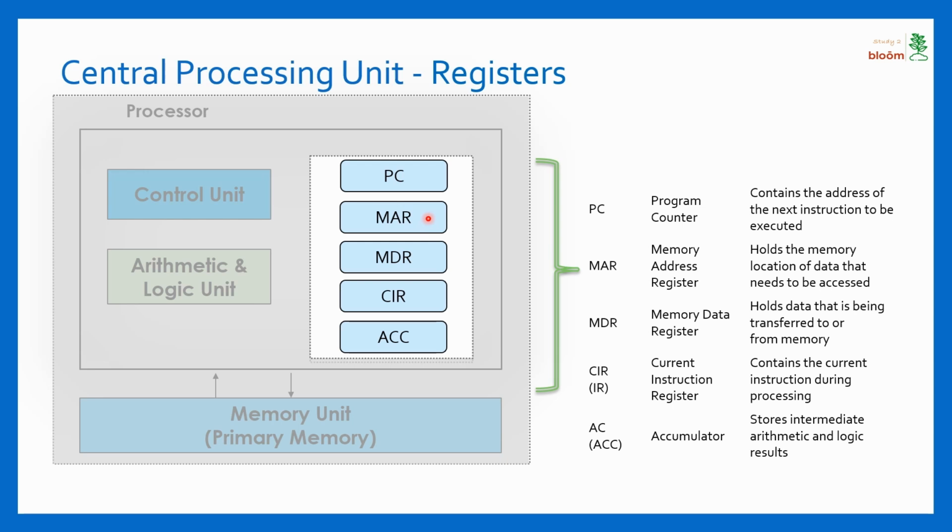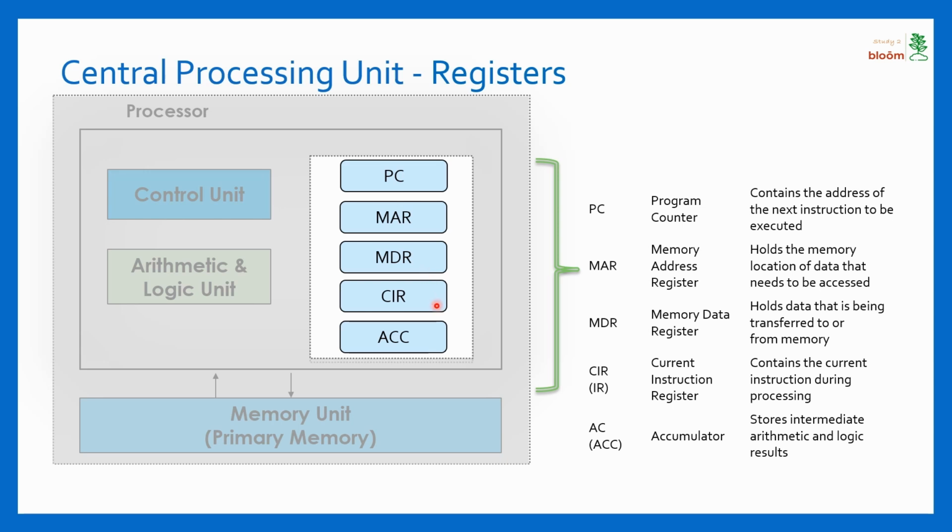As its name implies, it holds the address of the memory location that needs to be accessed. Then MDR or memory data register. Again, as its name implies, it contains the data that is being transferred to or from the memory. MAR contains the address and MDR contains the data.